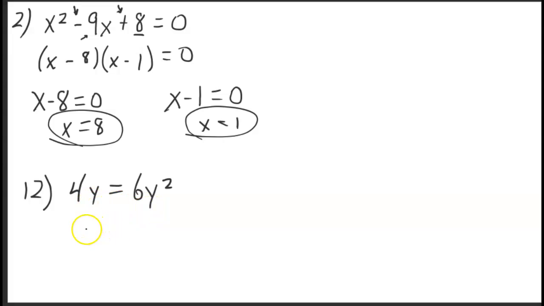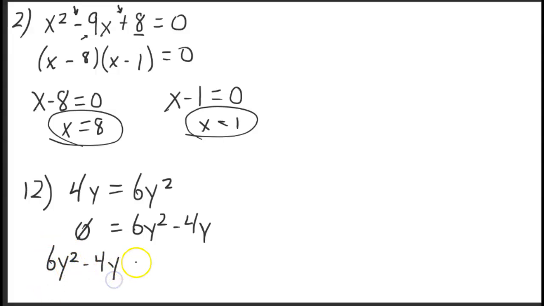If I subtract 4y from each side, I would have 0 equals 6y squared minus 4y. If I'm not comfortable with the way it looks, the great thing about an equal sign is that the two things on each side are equal, so we can just flip it around and write 6y squared minus 4y equals 0. Just do what is comfortable for you.